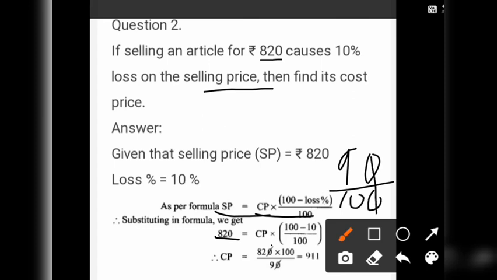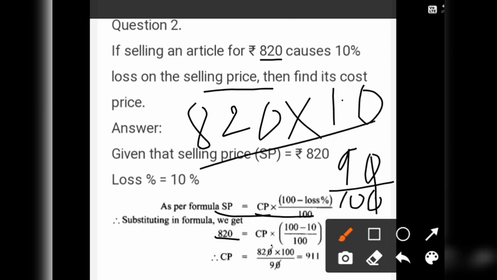0, 0 get cancelled. This transfers to this side, means 820 into 10 divided by 9. Using ninth table, 9 nines are 81, remainder 1. 1 9 is 9, again remainder 1.